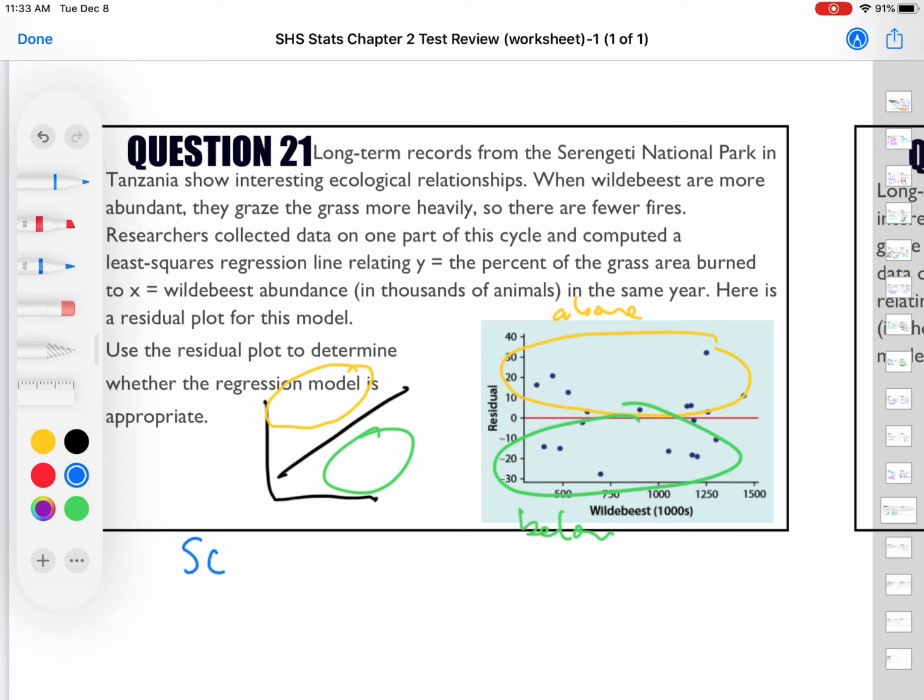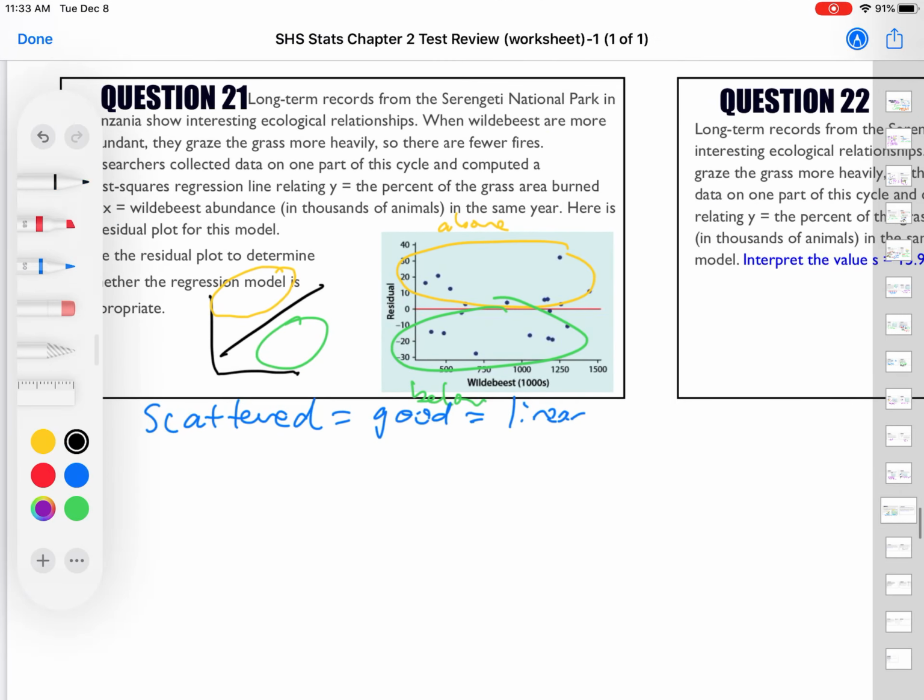That's the question. And if it's scattered, then it is good. That means that we should use a linear. Let's write that.